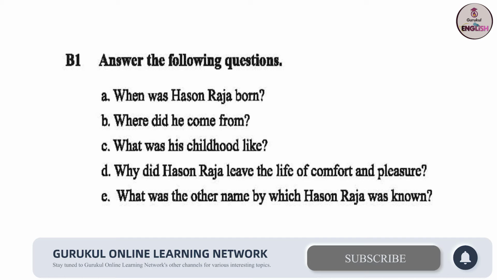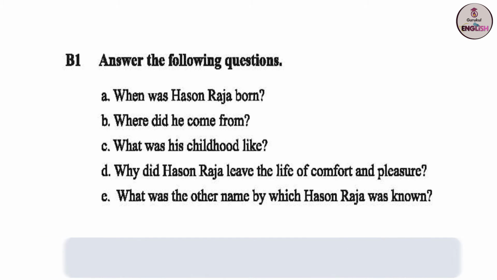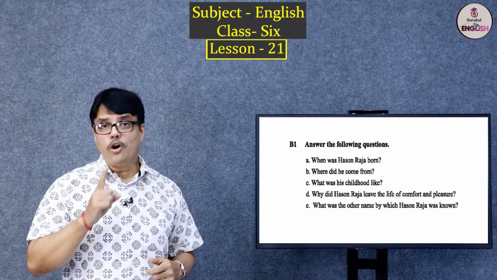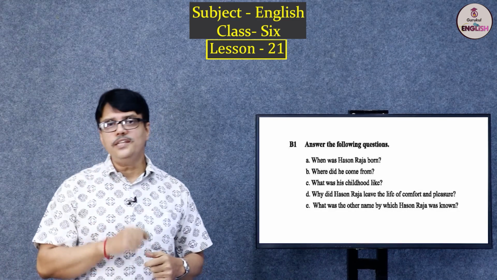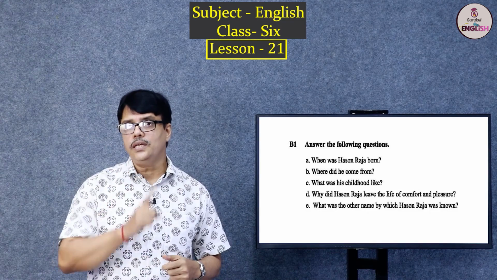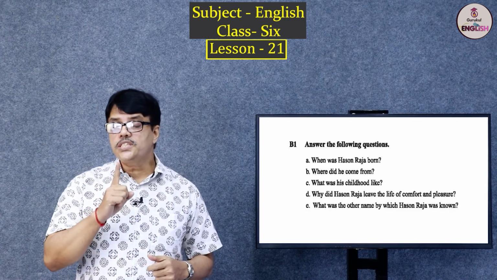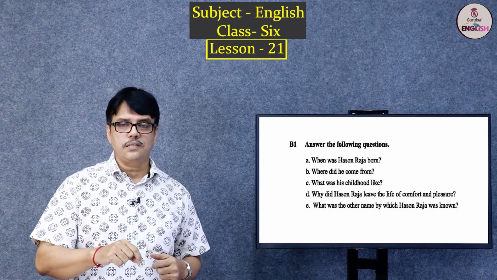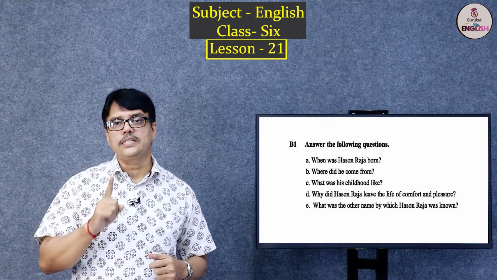Next, question number B. Where did he come from? Can you guess? I have already told you, before writing the answer of the question, you have to think about the question pattern, in which tense the question is asked.